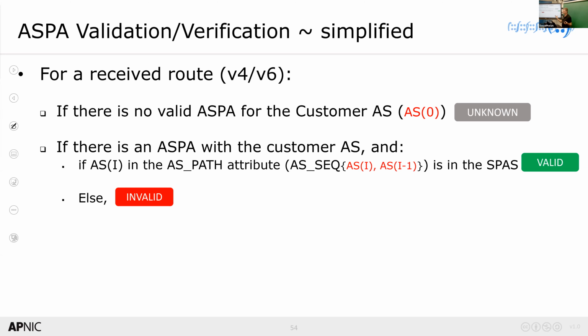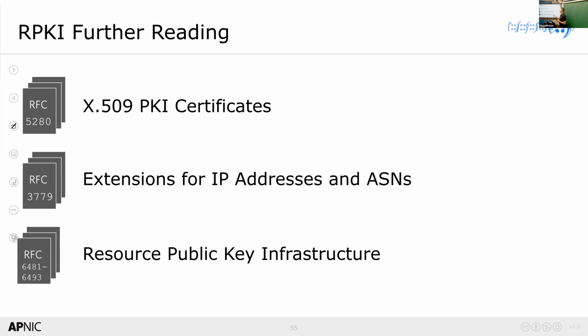So we wind up with very similar validation states. And you can do further reading, of course, on X509 PKIs, extensions for IP addresses and ASNs, and RPKI. Any questions so far on any of that?